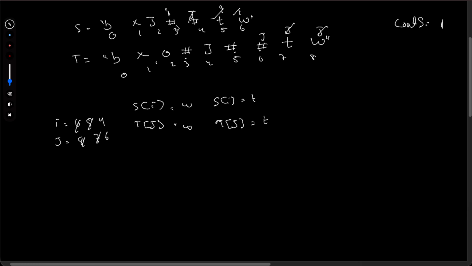So s of 3 is a hash again, so the count becomes 2, so i comes here. So s of 2 is j, but we must skip one, so the count of s becomes 1, so i comes here.